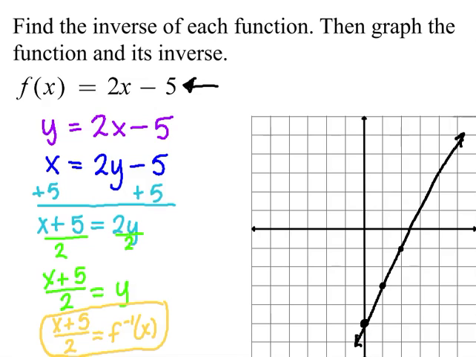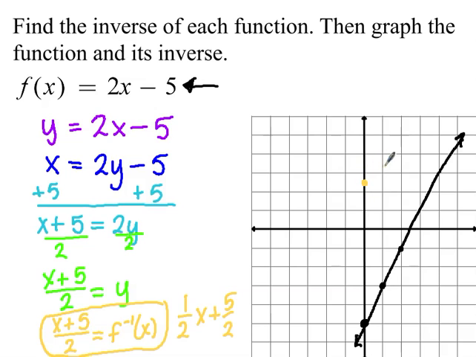Now we've got to graph the new one. That one's kind of tough, but I could write it this way. What would the y-intercept be? 5/2, which is actually 2.5. What is the slope going to be? 1/2.